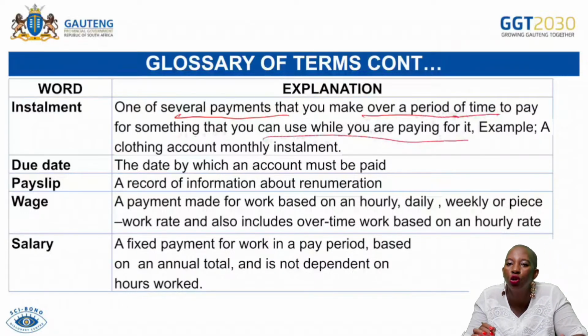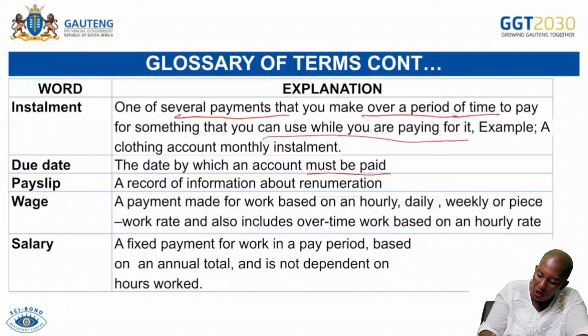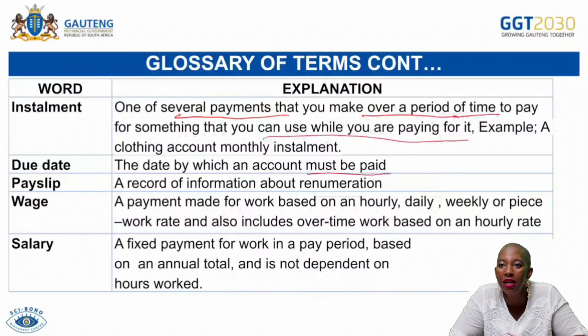And then the due date. The due date, it is the date by which you have to pay an account, or the account must be paid. So when they say the due date, sometimes they give you 7 days after month end. They will say the due date is by the 7th.